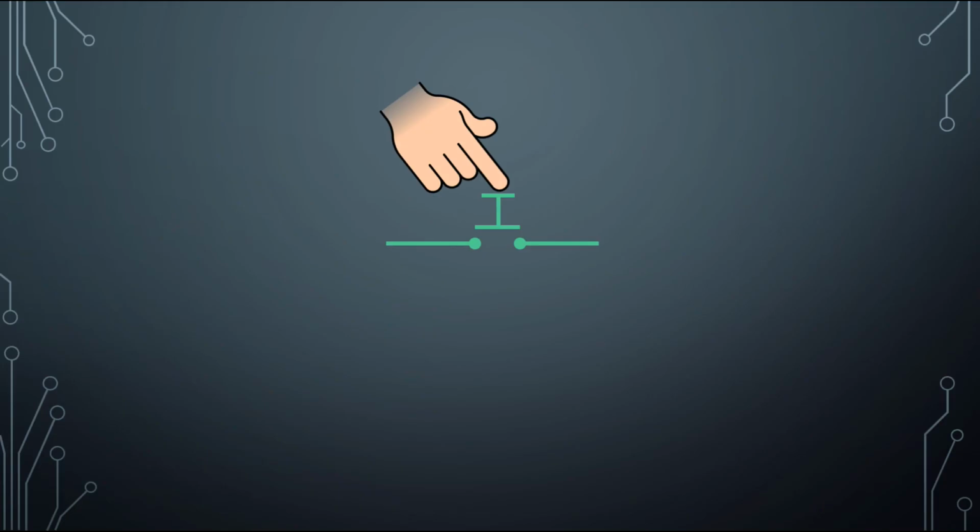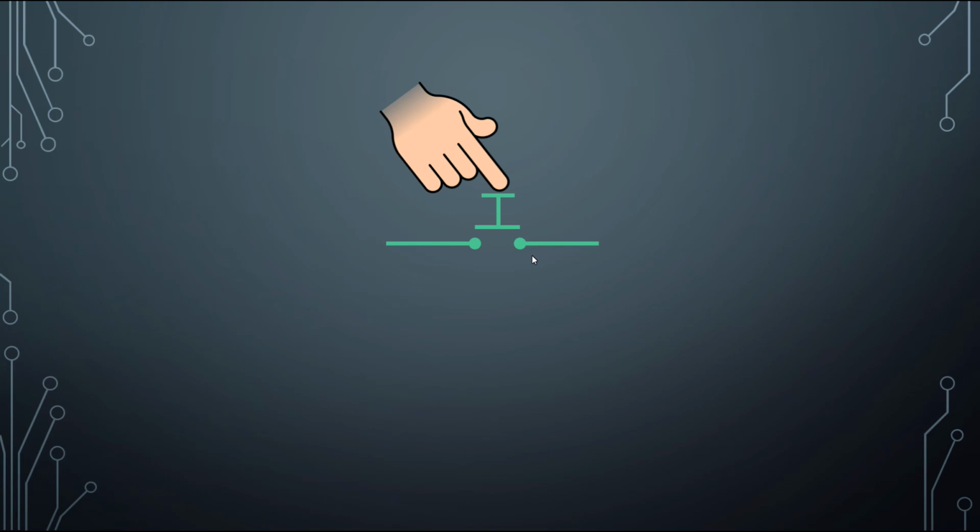Let's use the simple analogy of a push-button switch to demonstrate what an event is. Here we have a push-button switch, and here are the contacts of the switch. This switch has two stationary states, open or closed.